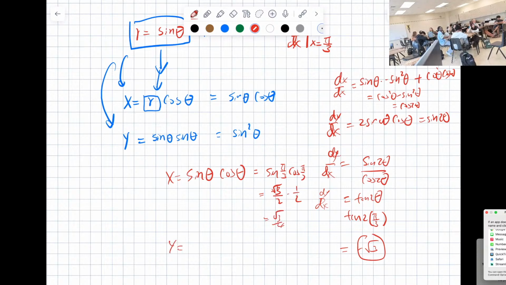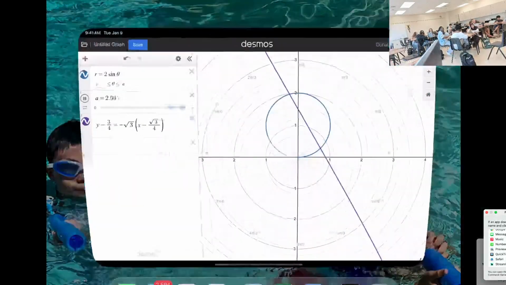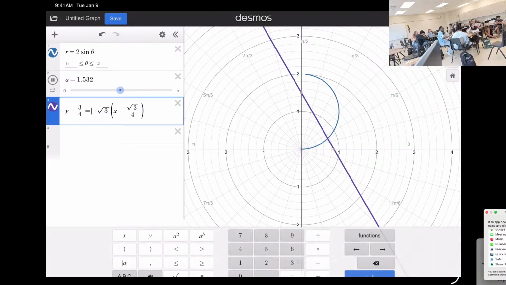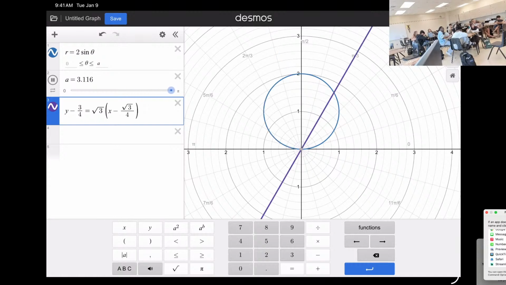Okay, y is equal to sine of pi over 3 squared. So what will it be? Sine of pi over 3 is square root 3 over 2, squared, that's 3 over 4. But why is it not the tangent line here? Did I do something wrong?